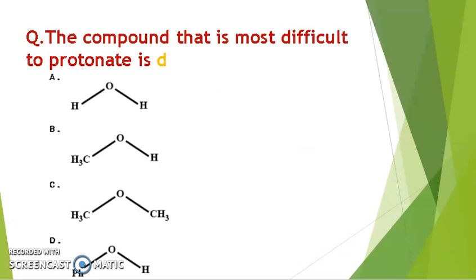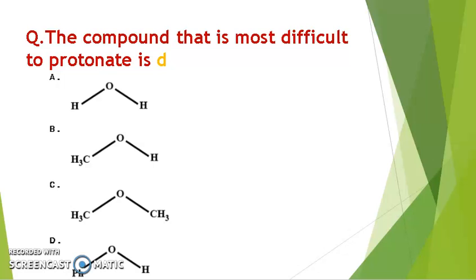Okay, so the next question is: the compound that is most difficult to protonate is. So we have to find out. They have given four options here. See the first one, H2O, HOH. If you see closely, the oxygen always has a lone pair of electrons.